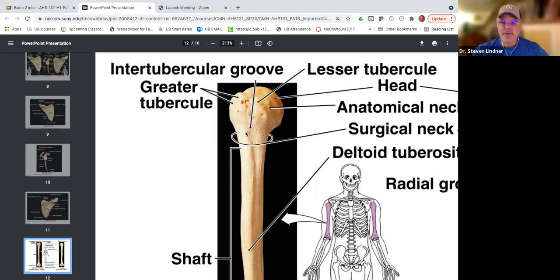That tells us we're looking at it from the anterior. The head of the humerus is going to project medially into the glenoid cavity to form the glenohumeral joint. Okay, so that's one way of telling if we're looking at it from the anterior.